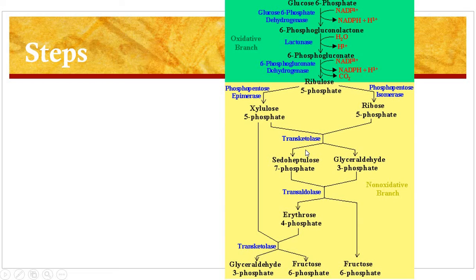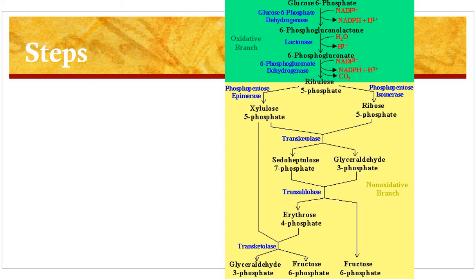In thiamine deficiency, the activity of this transketolase is decreased. In the next step, that is step number 6, there is the activity of transaldolase.